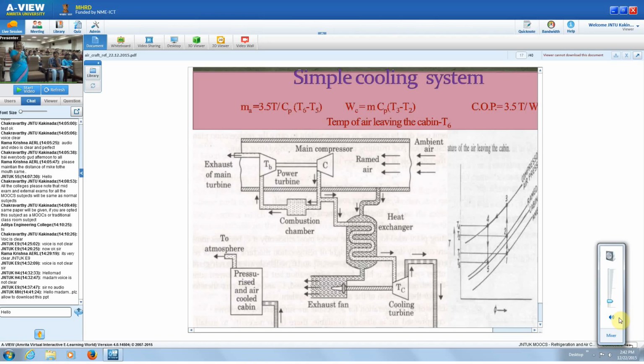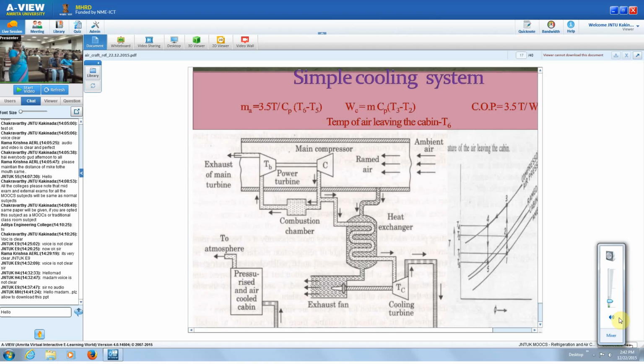The rammed air is used for cooling because the vehicle is not moving at very high velocity, so the ram air coming inside will be at a lower temperature, not a very high temperature. So it can be used as a sink for absorbing heat from the heat exchanger. In this way the heat rejection takes place at constant pressure.